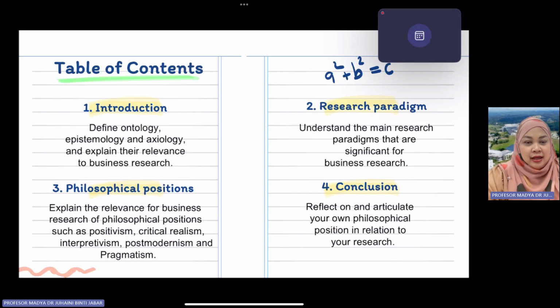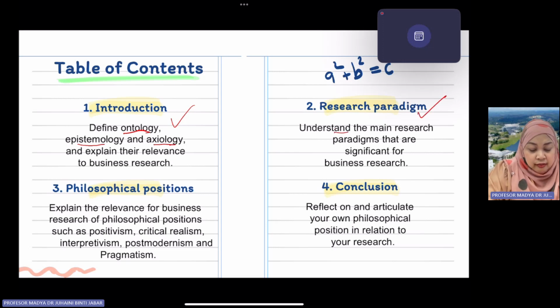For this class, we are going to touch on 4 things. First, we are going to look into the introduction on how we define our research, looking into ontology, epistemology, and some axiology. The second one is research paradigms.